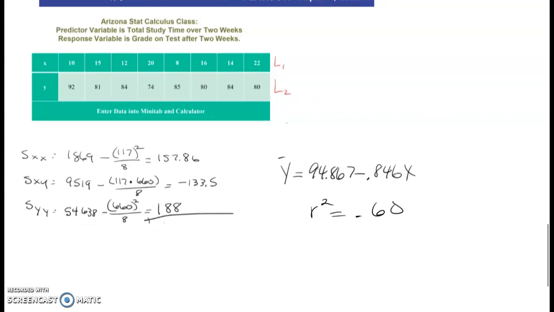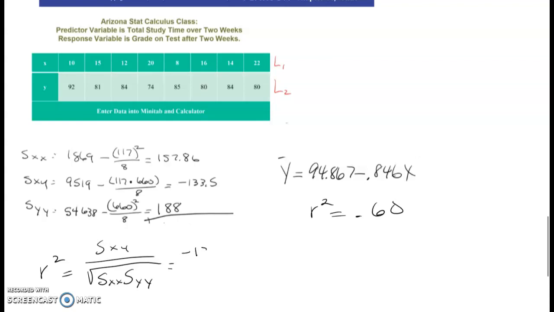Now, what I'd like to do first to find our correlation coefficient is use our computing formula, which is S of xy over the square root of S of xx S of yy. So go ahead and plug everything in.